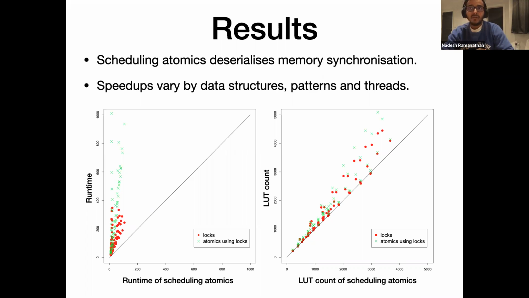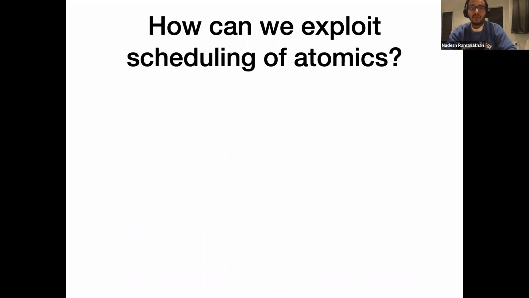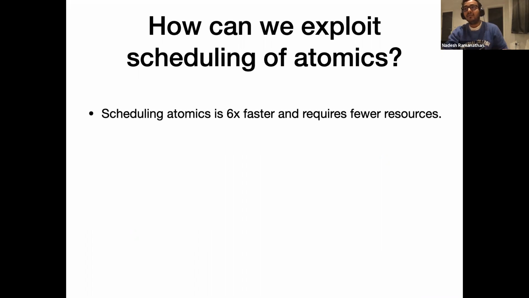I can point you to that if you want to look at it later. So that was the first part, right? We were able to show that simply by removing the locks and just injecting scheduling constraints, we can run much faster and require fewer resources. And this was a really simple observation that gave us a good starting point.